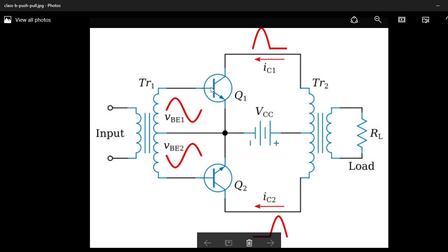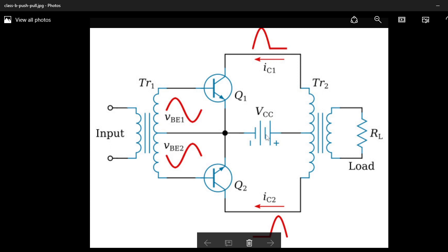So the bases of Q1 and Q2 are connected to the opposite ends of the secondary of transformer TR1. Okay, so the emitter terminals of the transistors are connected to the center tap of the secondary of the input transformer, while the supply VCC is connected to the center tapped primary of the output transformer.